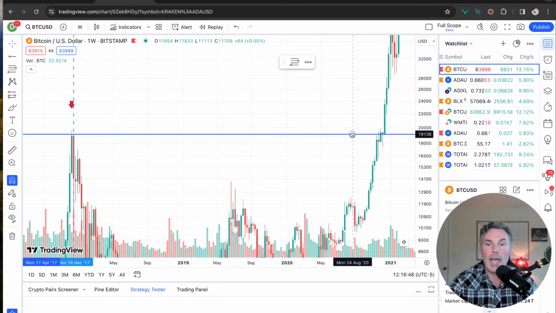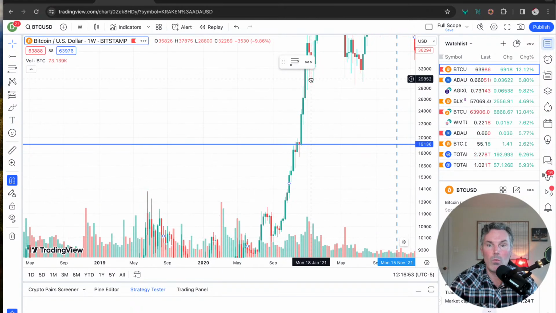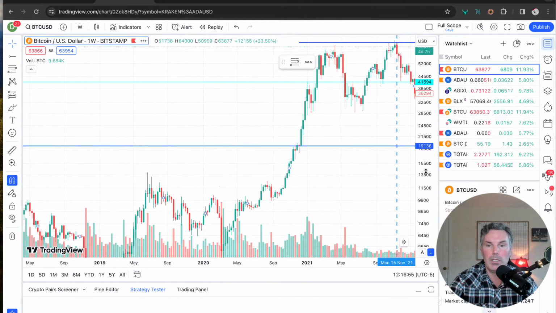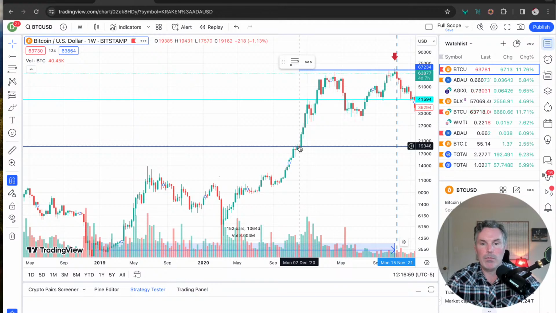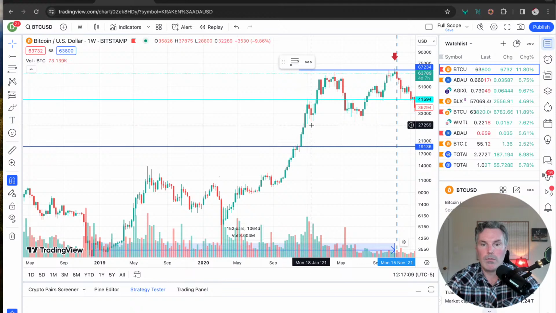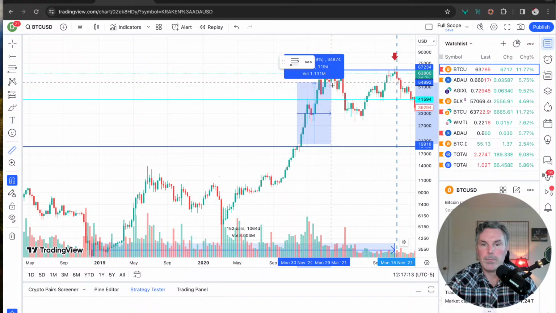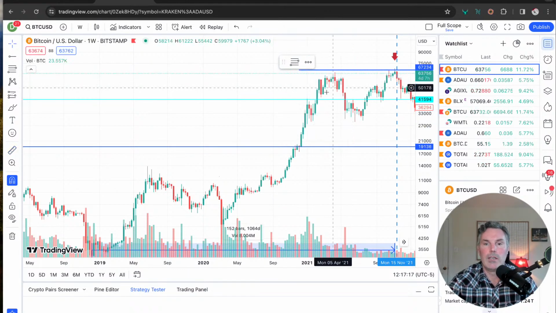But then look what happened to the price of Bitcoin. It went absolutely bonanzas, right? From that point forward, Bitcoin rose. Let me use the tool here to roughly estimate that. It went on to go up 200%.